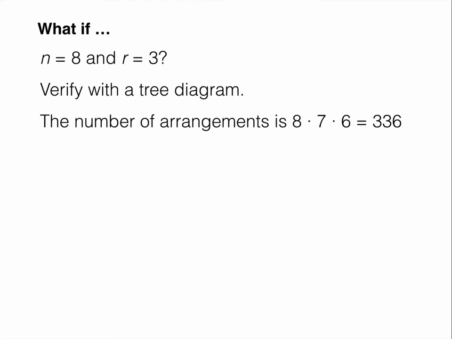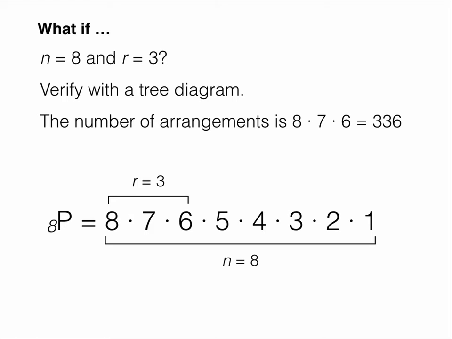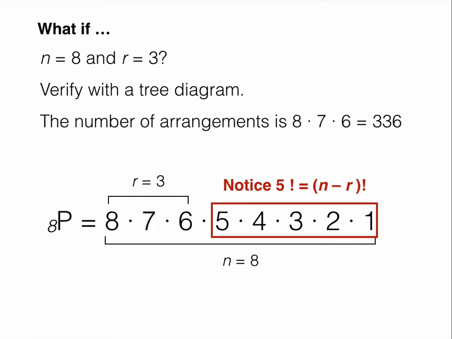So if we were arranging all 8 objects, and we're only choosing 3, it's just those first 3 numbers of 8 factorial that seem to be relevant. The remaining numbers, 5 times 4 times 3 times 2 times 1, which is 5 factorial, is the same as n minus r.